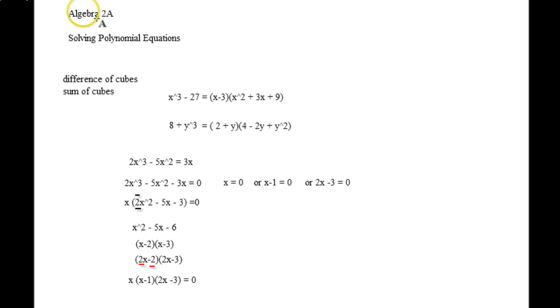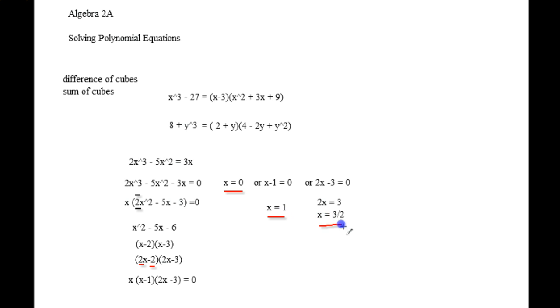Okay, and then I solve each one. This one's already been done, so I know that one of my answers is going to be 0. This one's pretty easy. It's going to be x equals 1, so that's another answer. This one's not going to be as easy. It's going to be 2x equals 3, and then I can divide both sides by 2, so x should be 3 halves. Okay, so now I have my 3 answers.